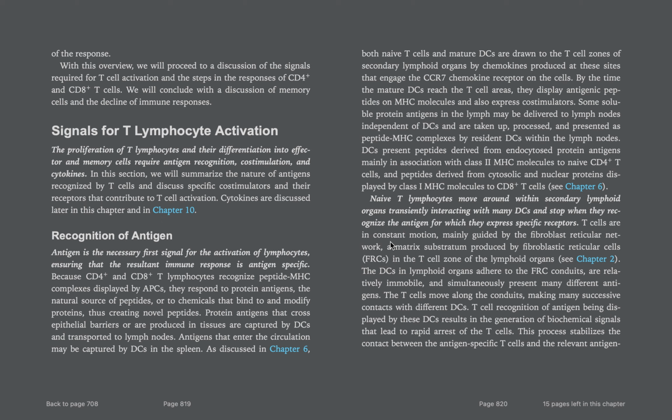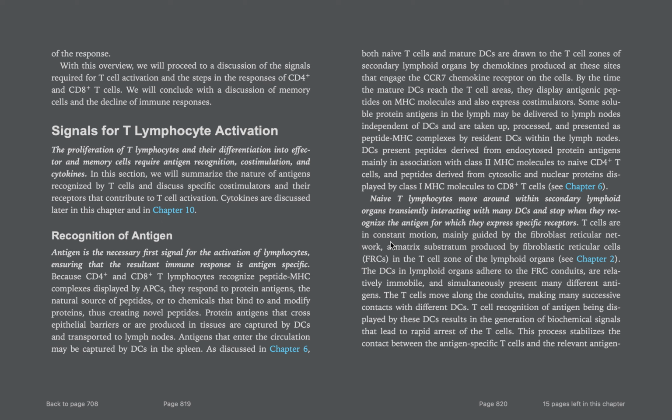Naive T lymphocytes move around within secondary lymphoid organs, transiently interacting with many dendritic cells, and stop when they recognize the antigen for which they express specific receptors.